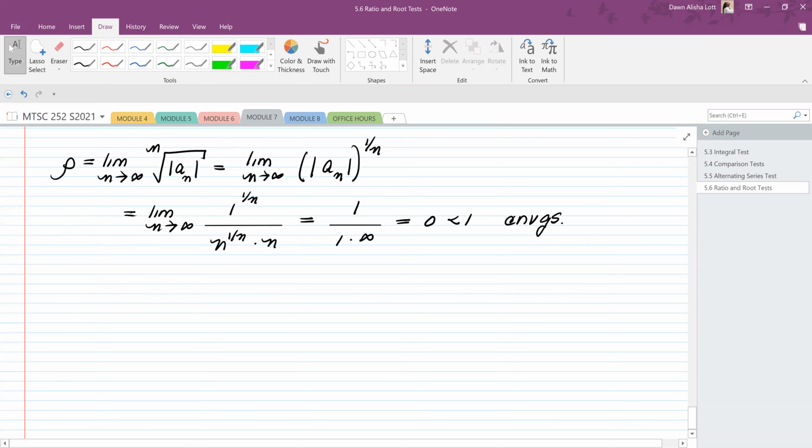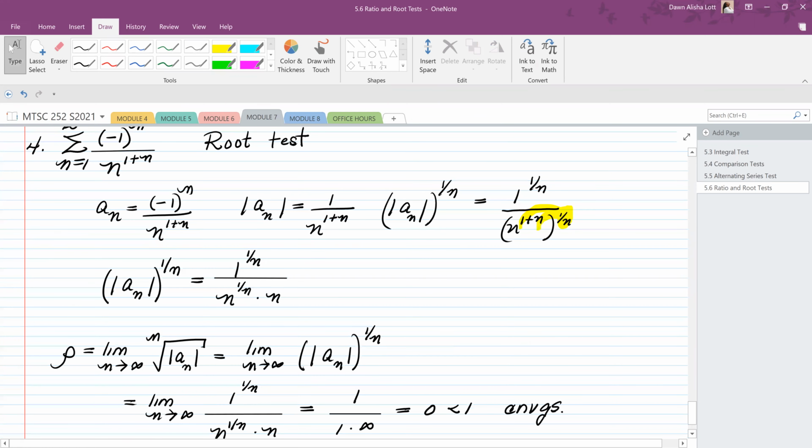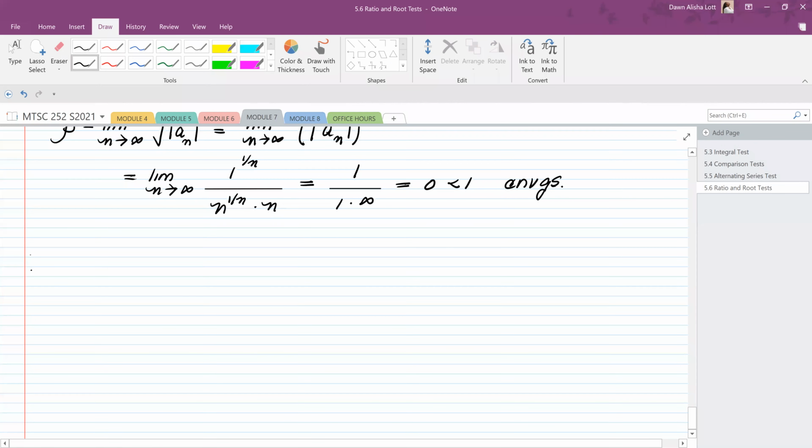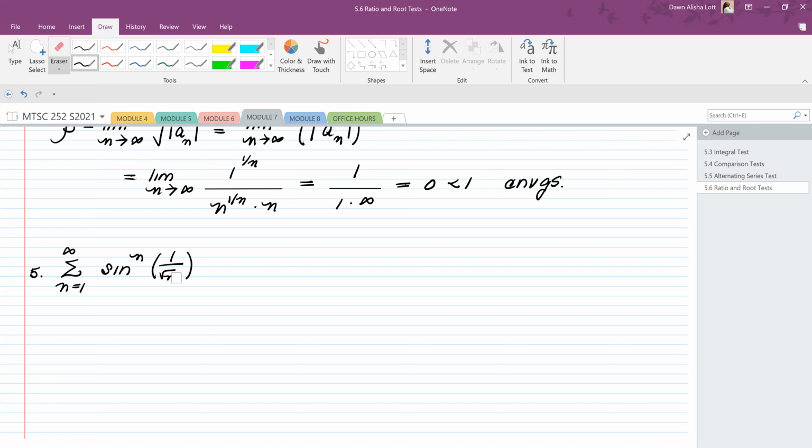Here's a hard one that's actually easy. Sum n equals 1 to infinity of the sine to the n of 1 over the square root of n. Okay, again, root test.